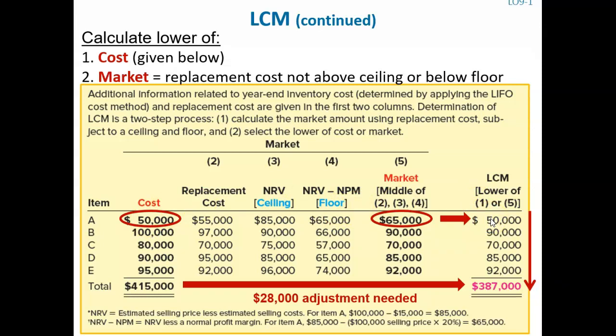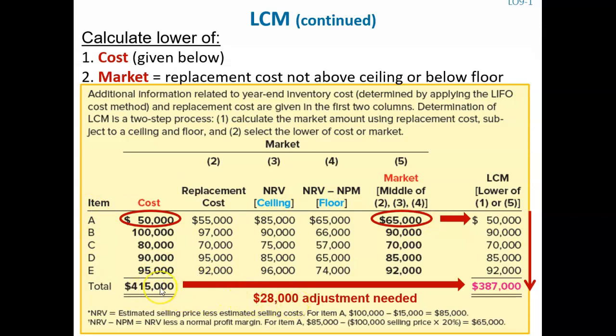After doing this, ending inventory under lower of cost or market for all the items is $387,000 in this example. This means that the recorded cost of $415,000 needs to be reduced by $28,000.